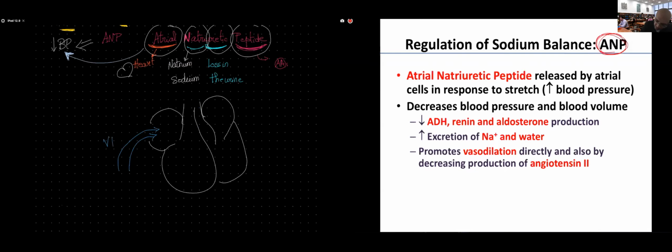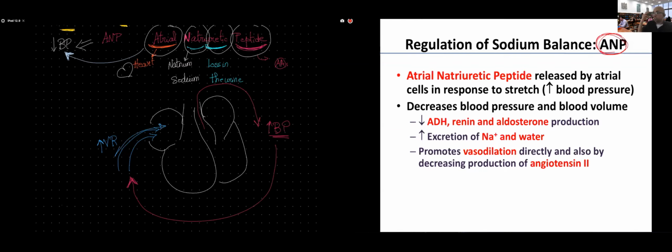If I have an increase in the venous return, this means that I have higher blood pressure in my systemic circulation. If I have high pressure, this means the blood keeps flowing and returns back to the heart at a higher pressure, increasing the amount of blood that is coming back to the heart.